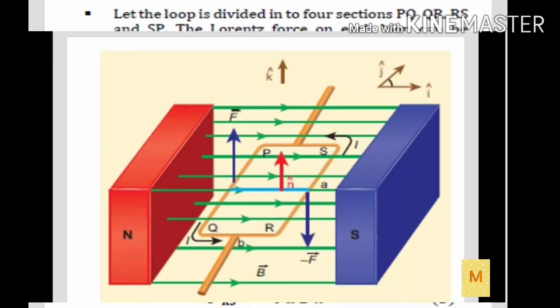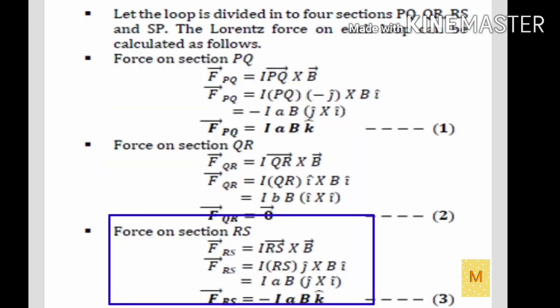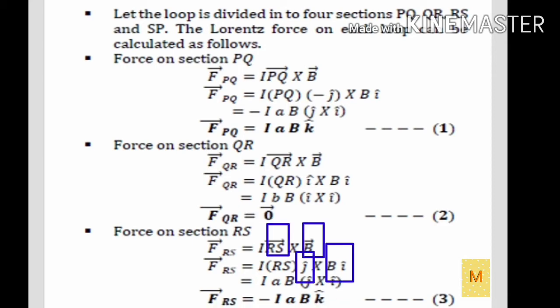Similarly, the force experienced by the section RS can be written as FRS vector is equal to I RS vector cross B vector. Here RS vector and B vector are replaced by their unit vectors as j cap and i cap because this RS vector is acting along the positive y direction. The unit vector for the positive y direction is j cap, and the magnetic field B vector is acting along positive x direction.